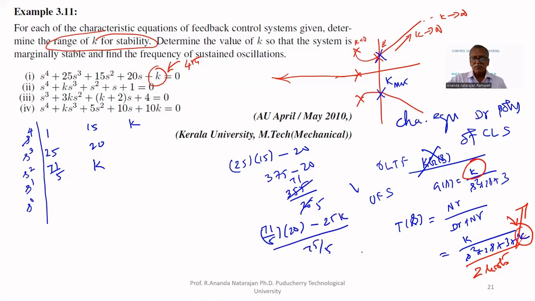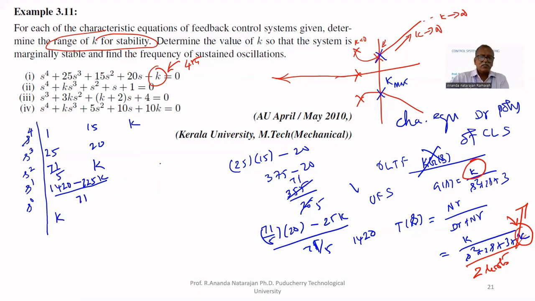So 71 multiplied by 20 is 1420, minus 125k, divided by 71. S power 0 is k.